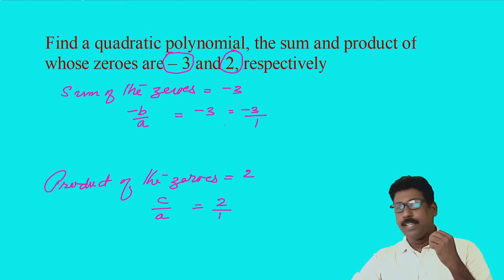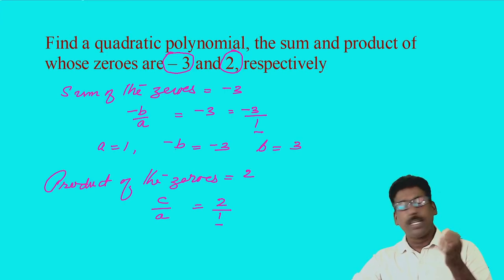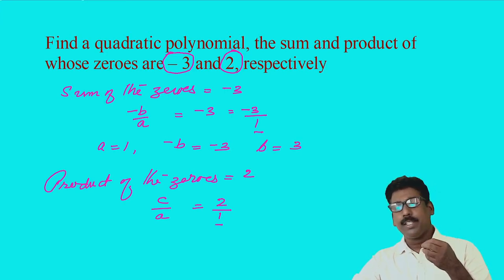Here you can see both denominators are equal, 1. So here a you can take it as 1. Then what about b? Negative b you can take it as negative 3, which implies b you can take it as 3, because if you multiply by negative 1, b is equal to negative 3 by negative 1, which is equal to 3.